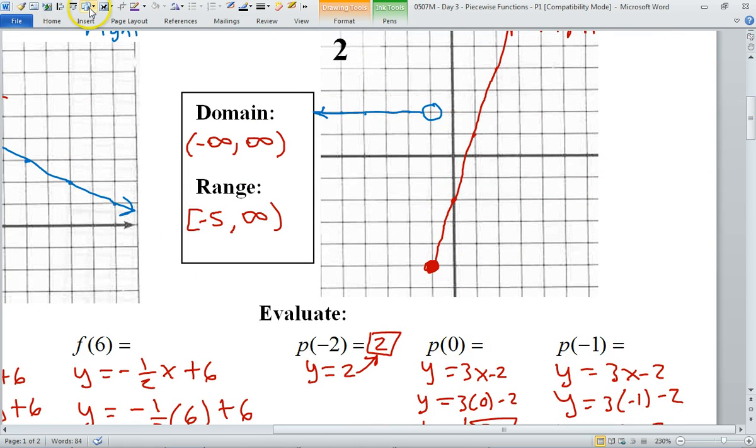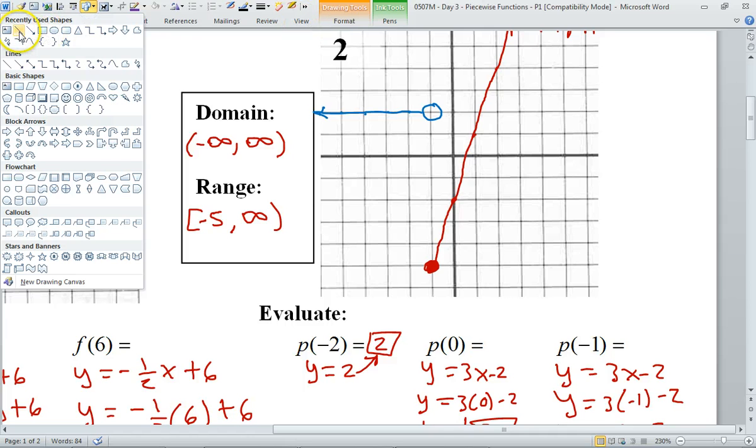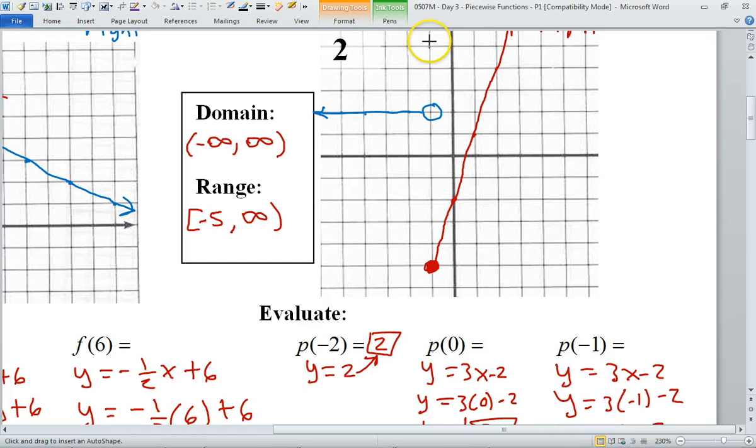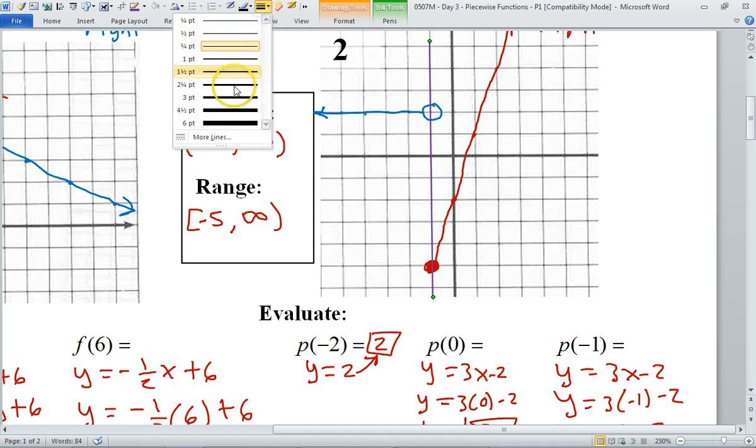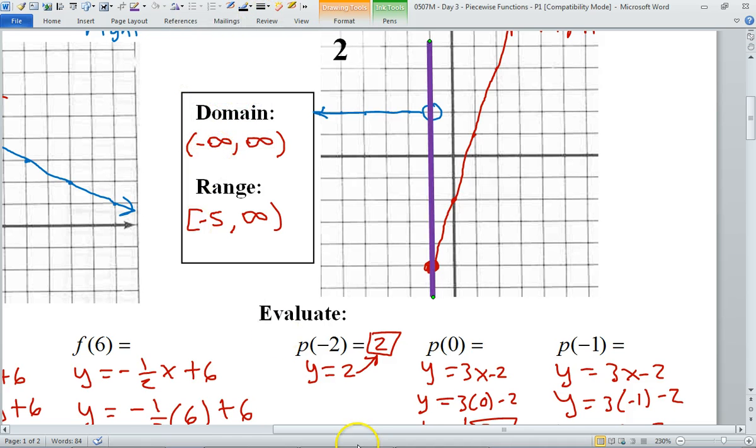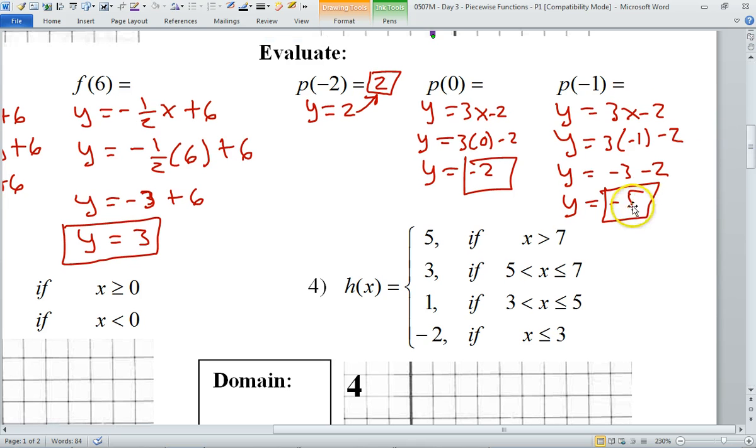I could just do a vertical line at negative 1, and that would show me what's going on. Okay, so you see that vertical line at negative 1. Let me make it bigger. So you can see that vertical line is hitting right here at negative 1, 2, 3, 4, 5. So that's why that answer is negative 5. You can get it from the graph.